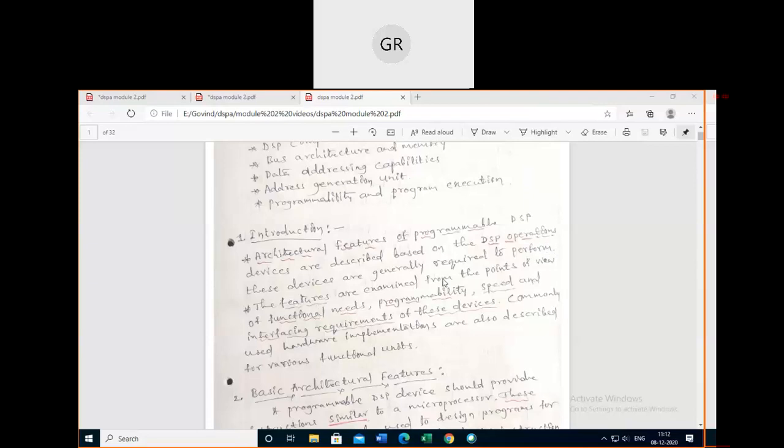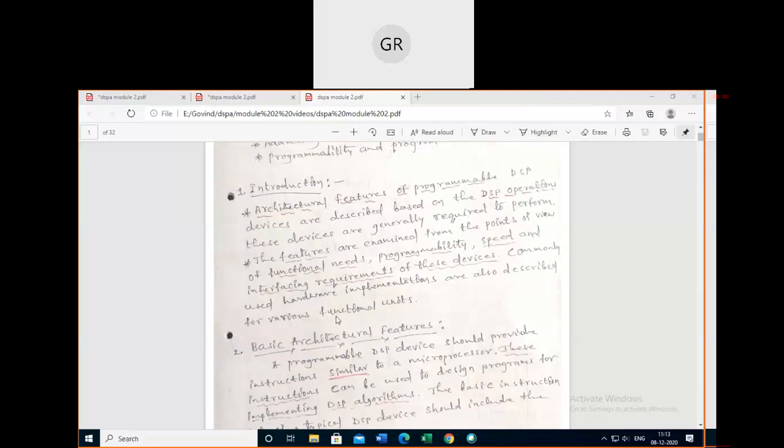The features are examined from the points of view of functional needs. What are the functional needs? Programmability, speed, and interfacing requirements of these devices. Commonly used hardware implementations are also described for various functional units.